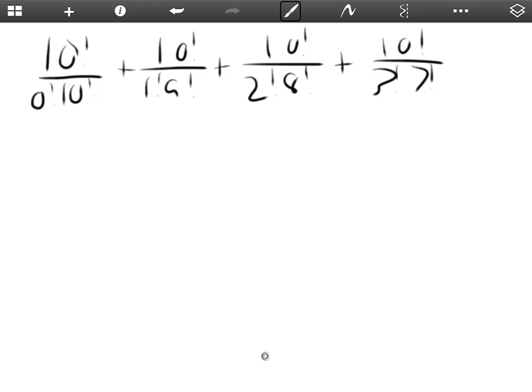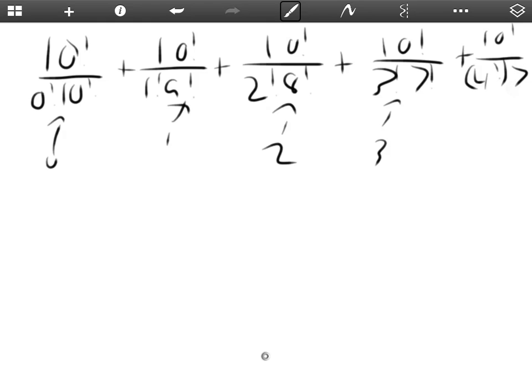I think we have to add one more. At most 4 ones. So this is for 0, this is for 1, this is for 2, and this is for 3. But we can't forget the 4, because it's at most 4. 4 factorial, 7 factorial.